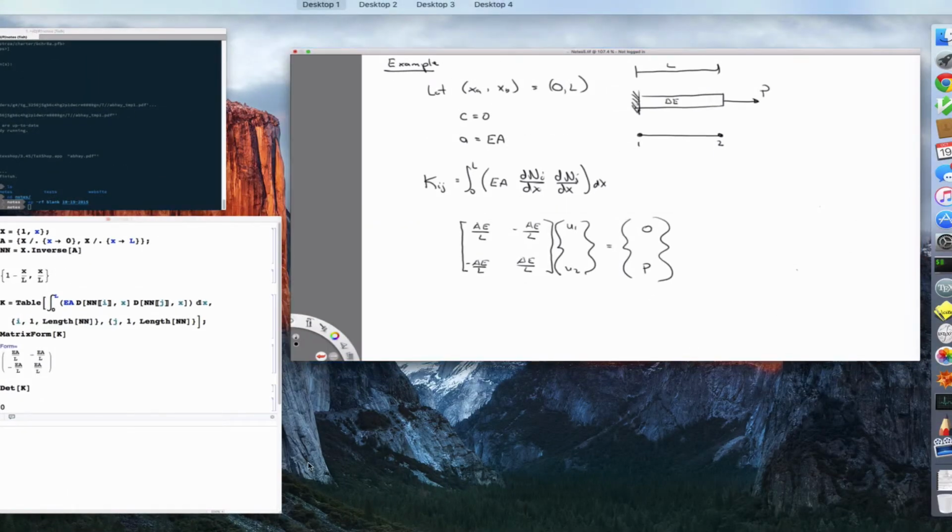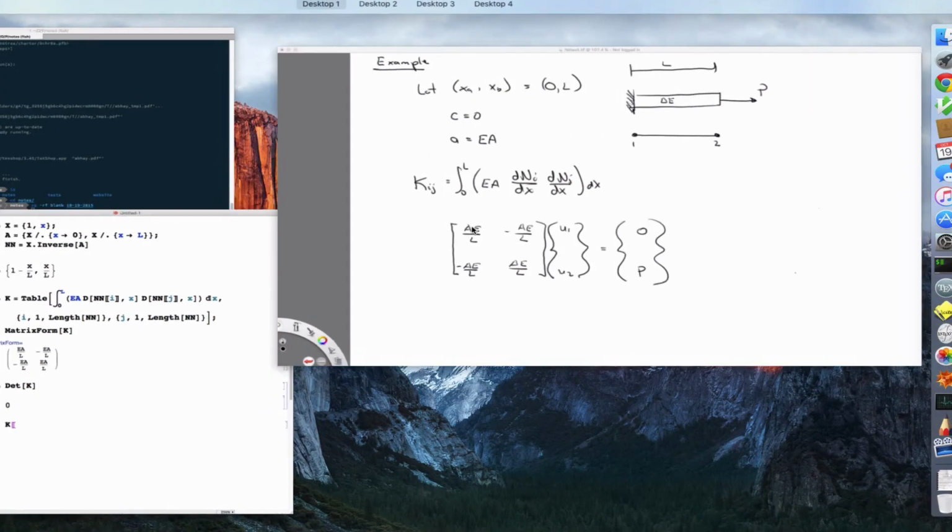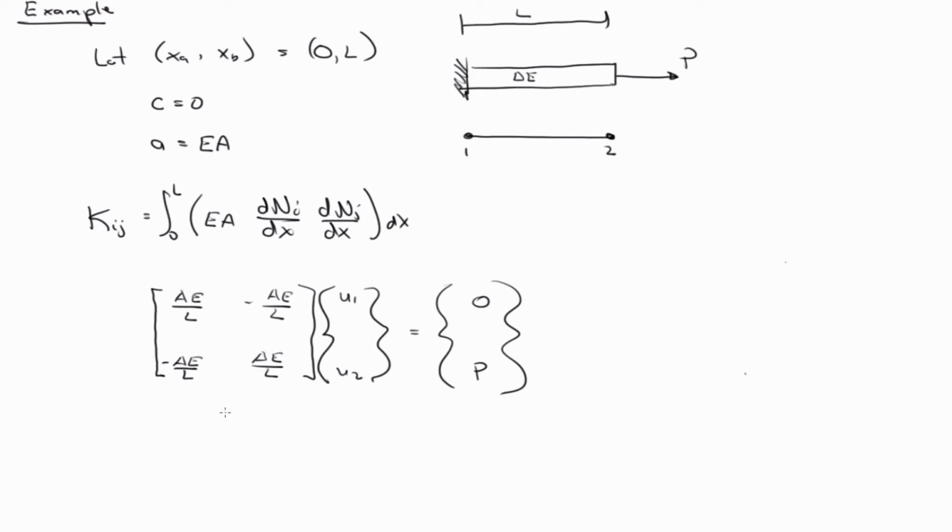So, to do this programmatically in Mathematica, we would say that, well, if this is 1, 0, no matter what U2 were, that would be multiplying by 0.